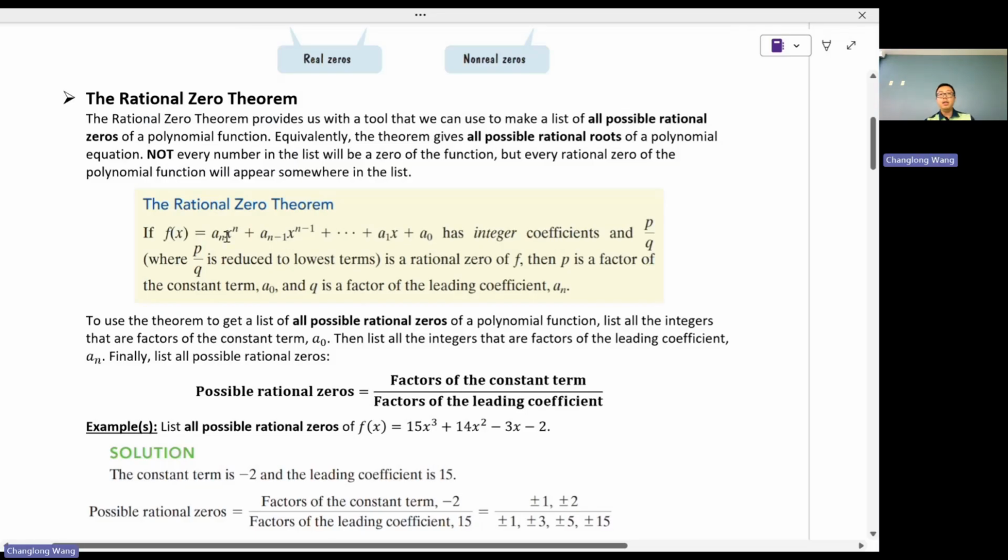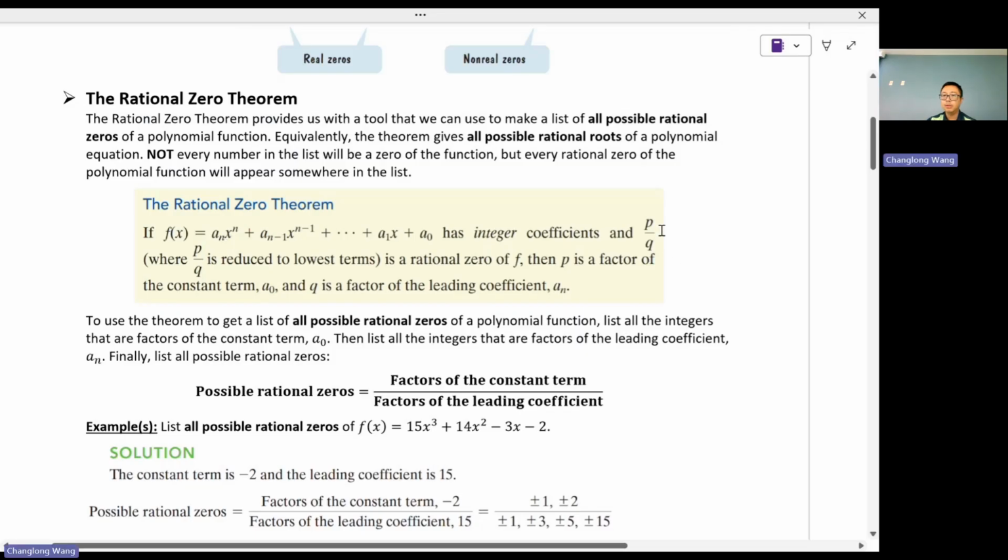For any polynomial function of degree n, but its coefficients, a sub n minus 1, right, all the way down to a sub 0. All those numbers multiplying those variable terms, right, those coefficients. If they're integers, you can guess the rational zeros by looking at only the constant a sub 0 and the leading coefficient a sub n.